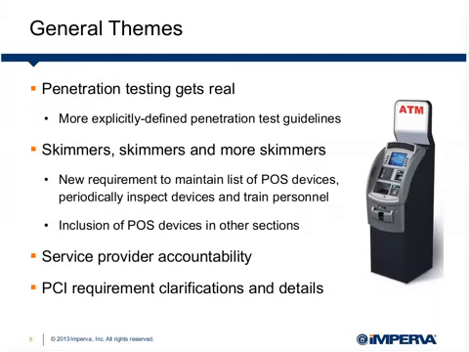There are some main themes to this change. The two that I saw as most drastic were the focus on skimmers, which I'll explain in a second, and the second one, as I said earlier, service provider accountability in order to prevent third-party breaches from services.